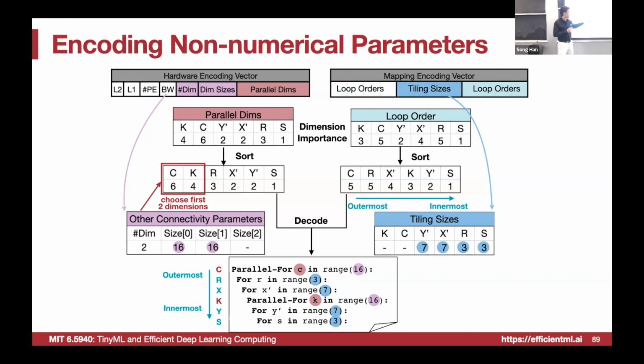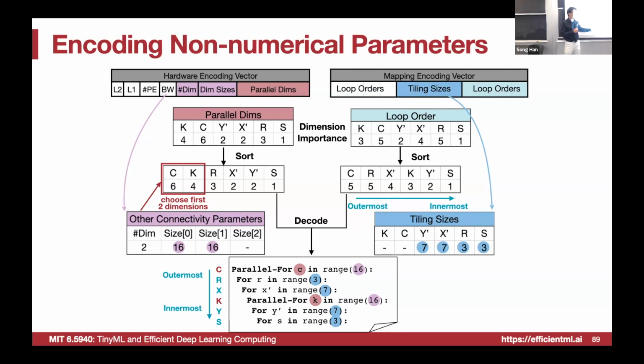So together with those numerical parameters like the sizes and the tiling sizes, which are easily represented, and also the number of dimensions, etc., they are all numerical values. This is the purple part about the blocking, the size of the block, and also these non-numerical values, which ones will be parallelized in space.